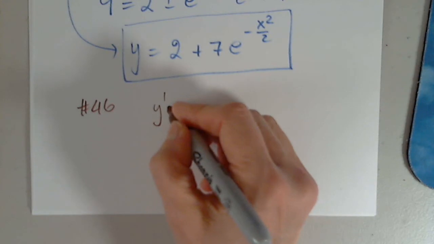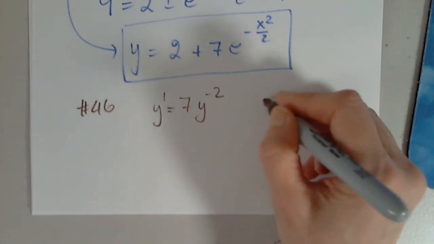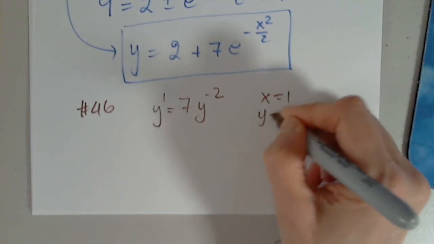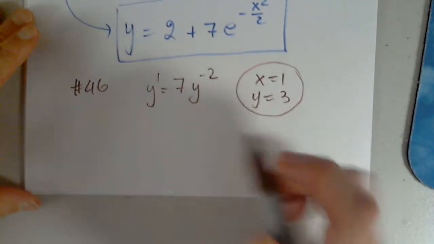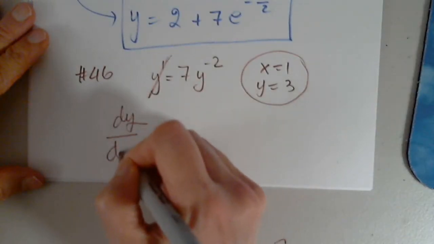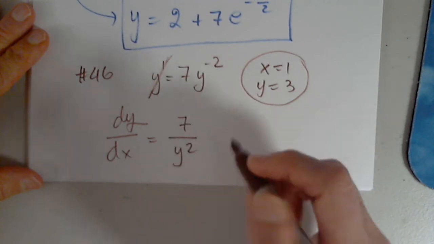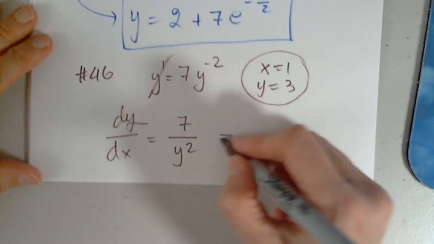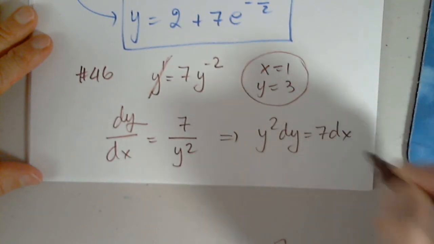So we have y prime equals 7 over y squared. We are told x is 1, y is 3. Okay, deceiving. So I will replace it by dy over dx. I will have 7 over y squared, and after I cross multiply, I get that y squared dy equals 7 dx.